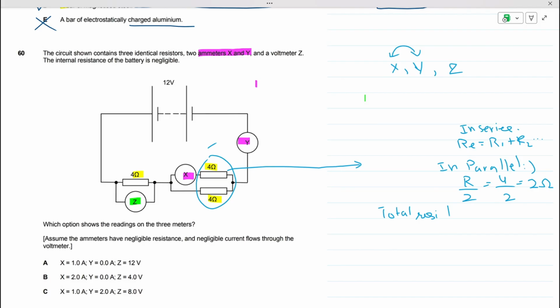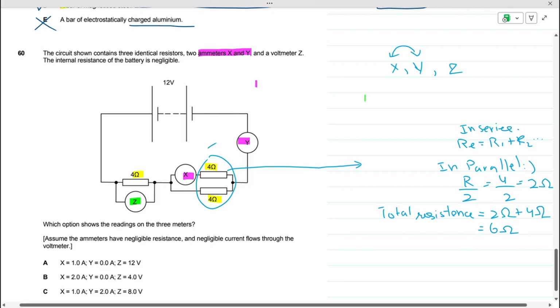So total resistance: this 2 ohm is from the parallel connection, and this 4 ohm is the series connection. So the total is 6 ohm of resistance. Now total current, how much do we have?